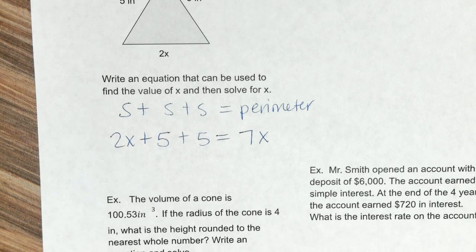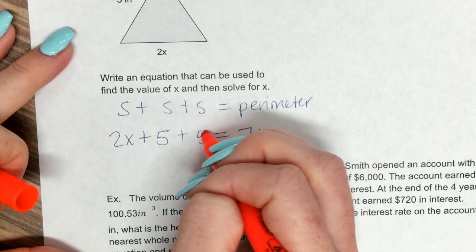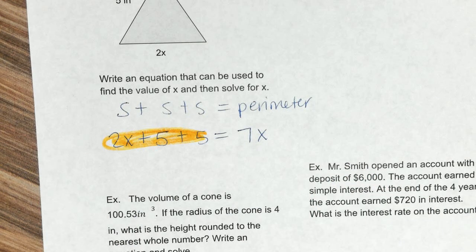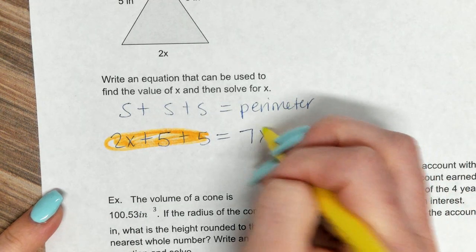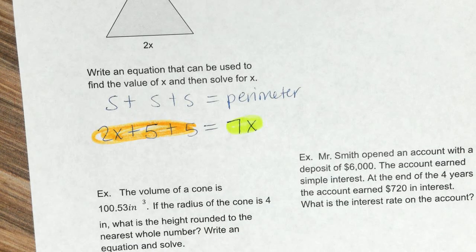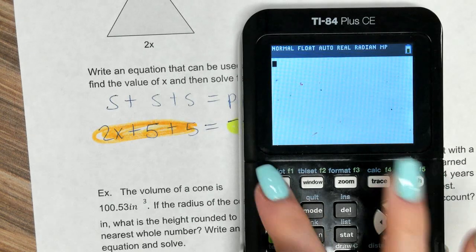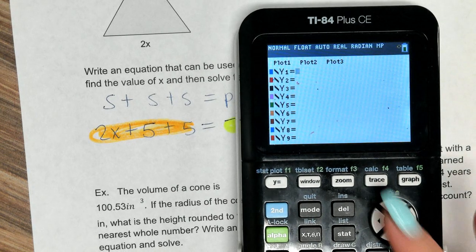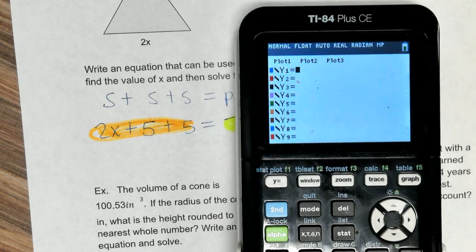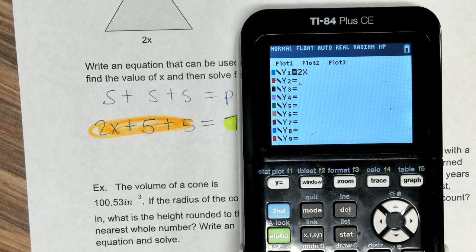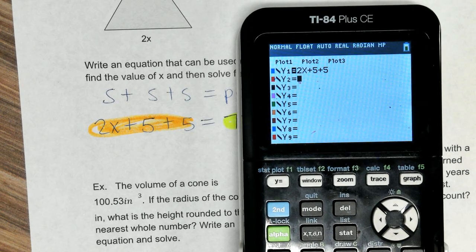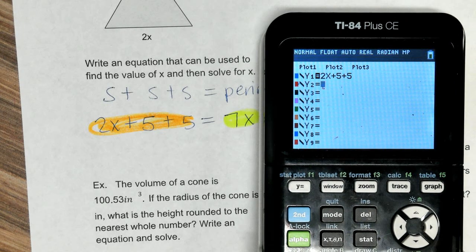What I just did was make an equation that my calculator can now solve. This can go in y1 because it is the left side of the equal sign, and this can go in y2. So everybody take your calculator, go to y equals, and type in 2x plus 5, and on the right side type in 7x.